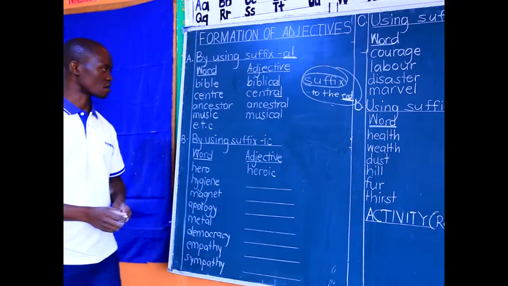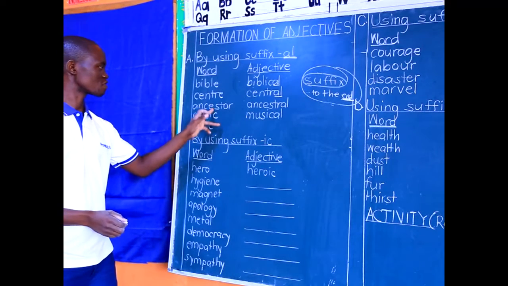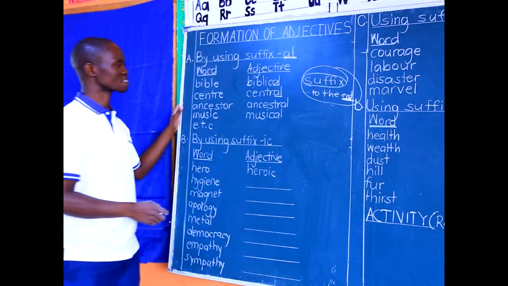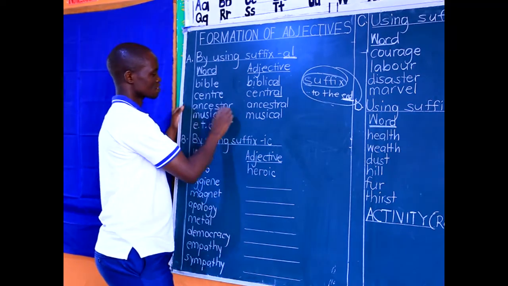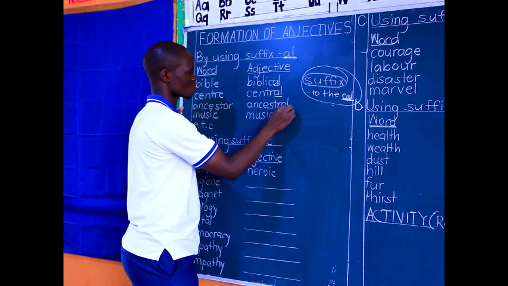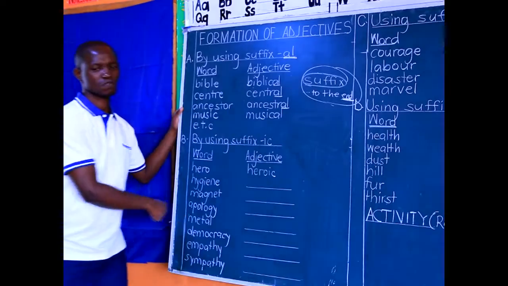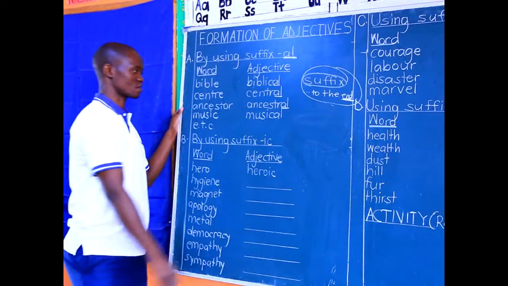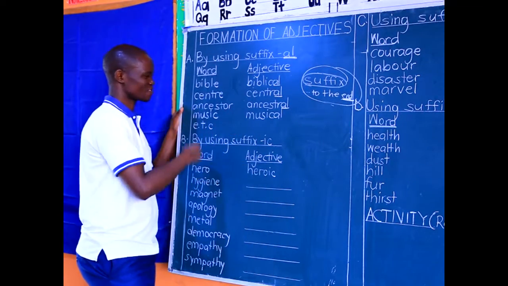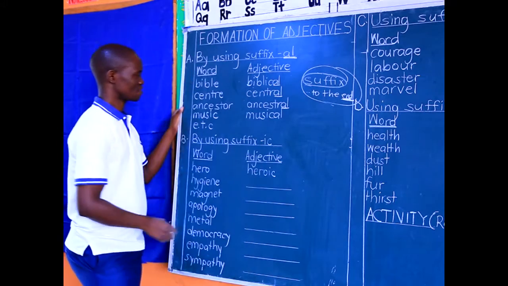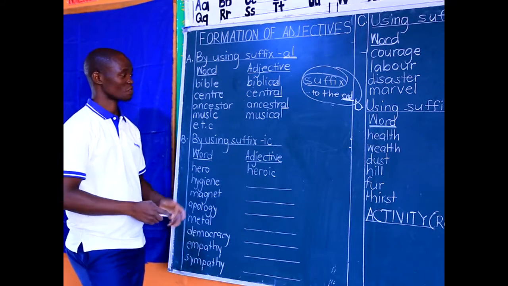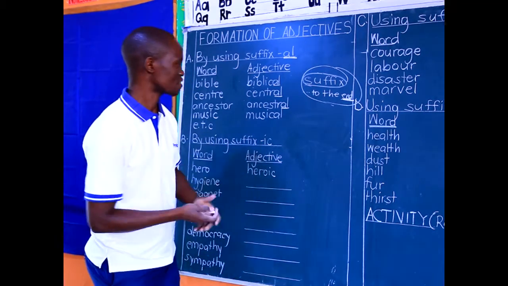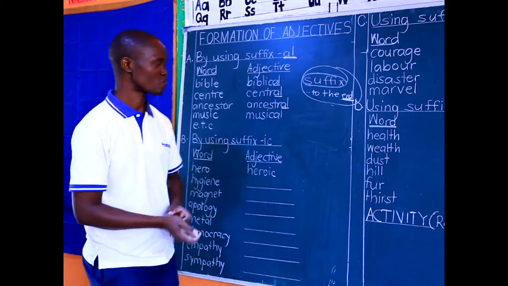Then ancestor, those people who lived before you, or your ancestors. So from ancestor we form ancestral. You talk of an ancestral ground, that place where your family does all its burials. That's where all your ancestors were buried, even before you were born.